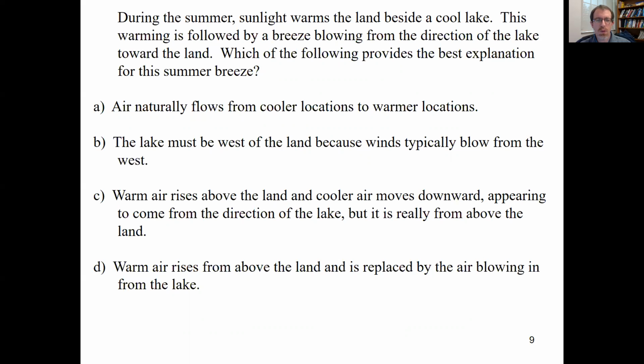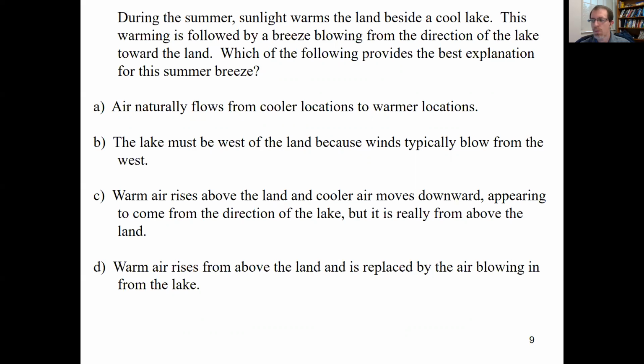Is it that the lake must be west of the land because winds typically blow from the west? Is it that we've got warm air rising above the land and cool air moves downwards, appearing to come from the direction of the lake, but is really from above the land? Or is it that we've got warm air rising from above the land and that warm air is replaced by the air blowing in from the lake?